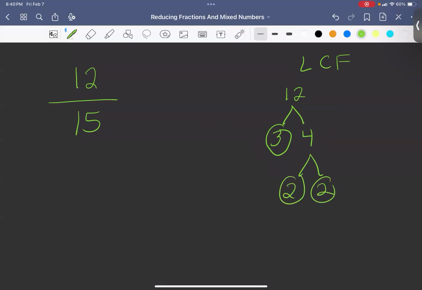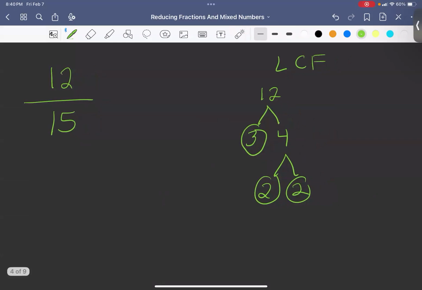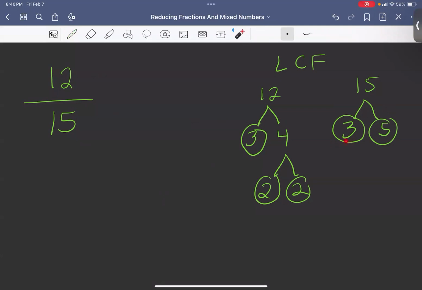So now I'm going to find the least common factor for 15. I'm going to make a factor tree. So 15 can be broken down into 3 and 5 because 3 times 5 is 15. They're both prime numbers, 3 and 5, because the only factors of 3 are 1 and 3, and the only factors of 5 are 1 and 5.